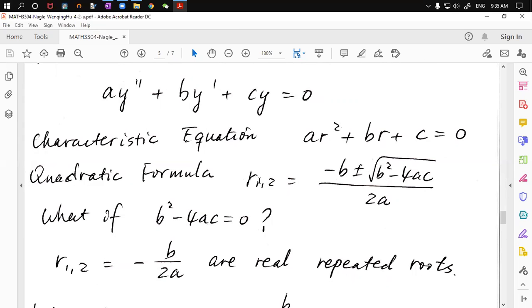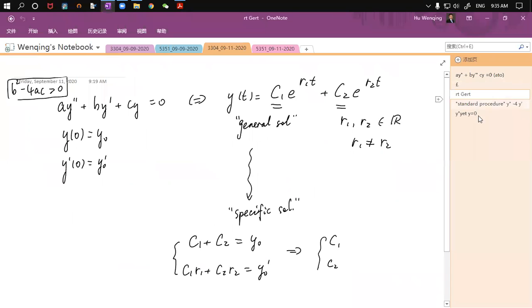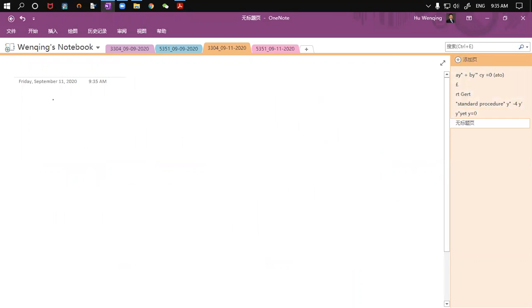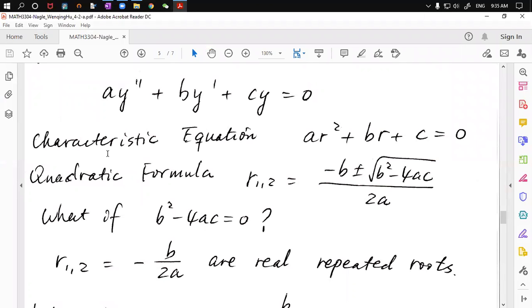So here we're going to deal with the case that you have ay double prime plus by prime plus cy is equal to 0, and your characteristic equation ar squared plus br plus c equal to 0. Remember, this is what we call the characteristic equation.